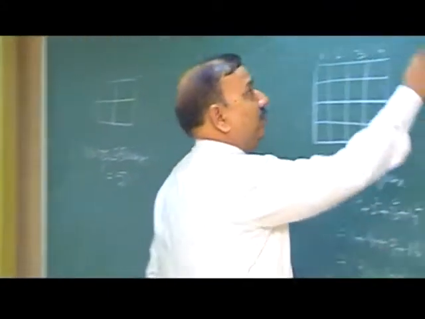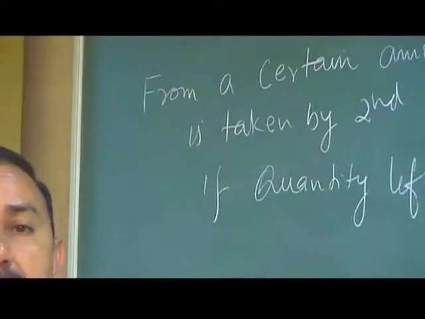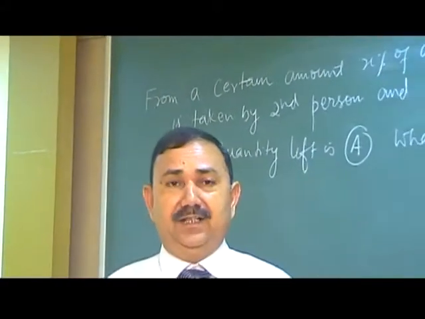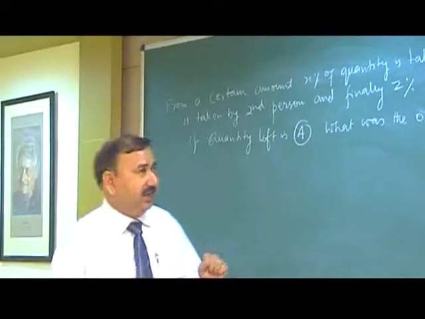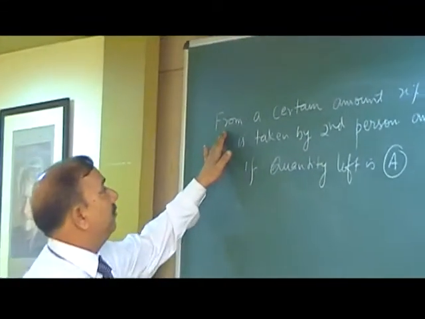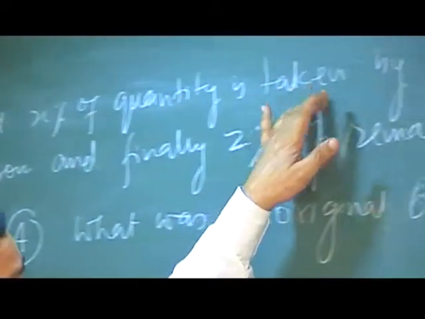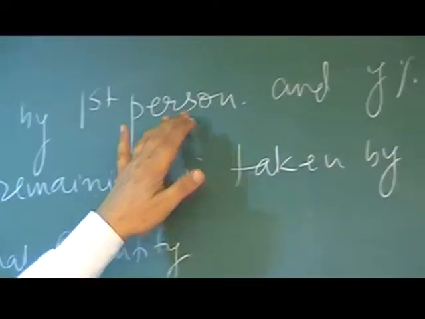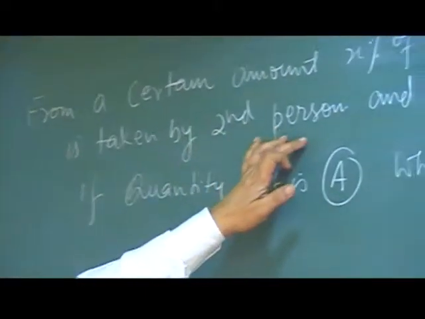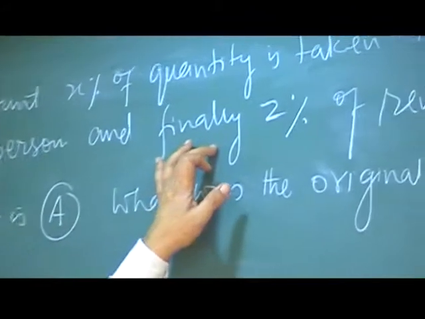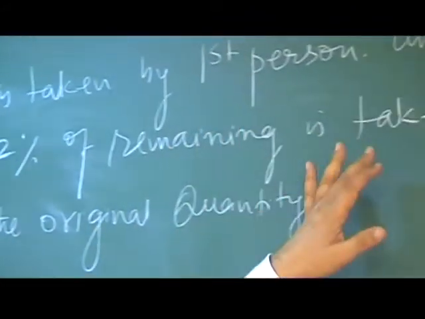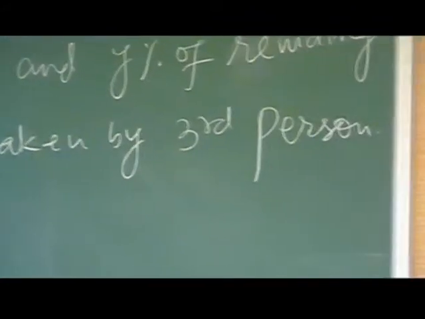There are other questions. Now we have another very interesting question. From a certain amount, X% of the quantity is taken by the first person and Y% of the remaining is taken by the second person, and finally Z% of the remaining is taken by the third person.